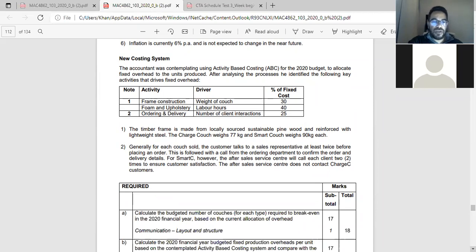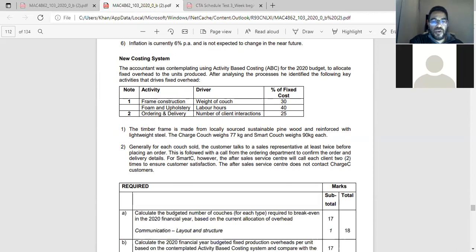So they're saying in note number 1, the timber frame is made from locally sourced sustainable pine wood and reinforced with lightweight steel. The Charge C couch weighs 77 kilograms and the Smart C couch weighs 90 kilograms. Then they say, generally for each couch sold, the customer talks to sales representatives at least twice before placing an order.